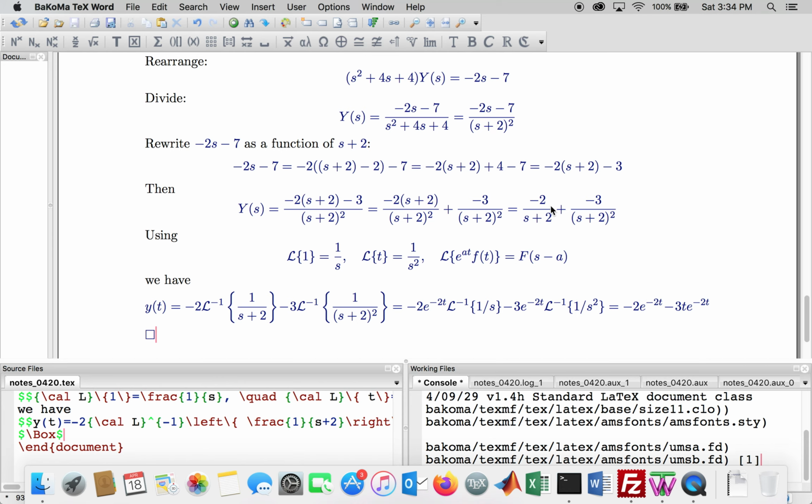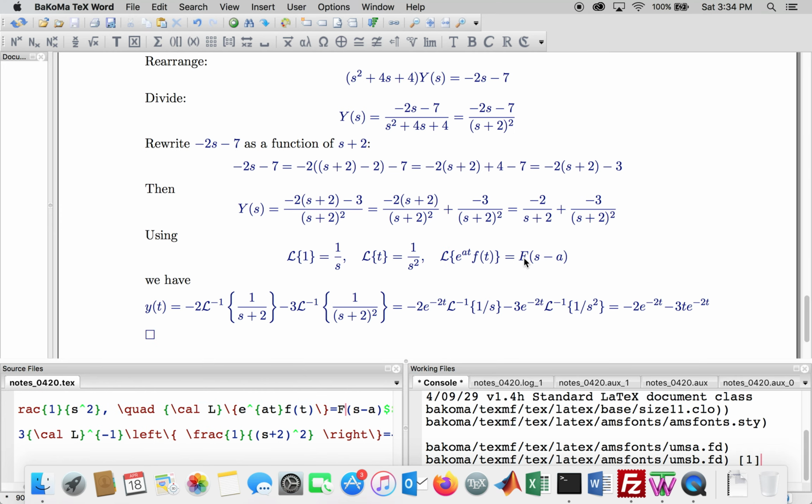And always remember, the inverse transform of 1 over s is 1. The inverse transform of 1 over s squared is t. And we're going to be making frequent use of this: anytime you have a shifted function to transform back, that leads to multiplying the inverse transform of the unshifted function, like 1 or t, by an exponential.